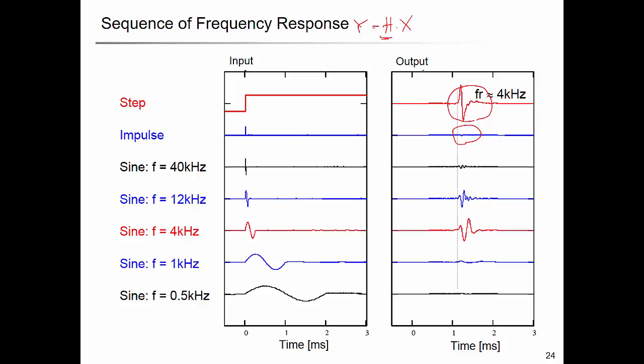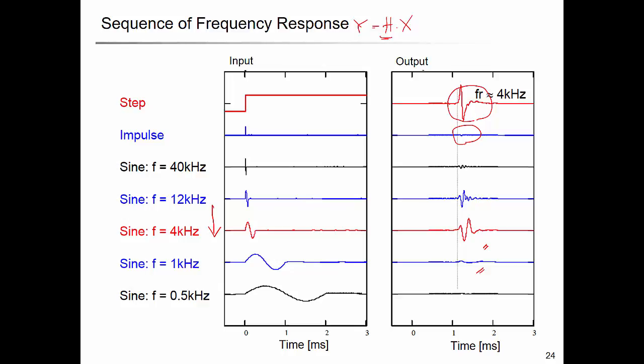And with the step at 40 kilohertz, you have a little bit, and as you decrease the frequency, you get the more clear signal. Right? At 1 kilohertz, it dies almost, and at 500 kilohertz, you almost don't get any signal.